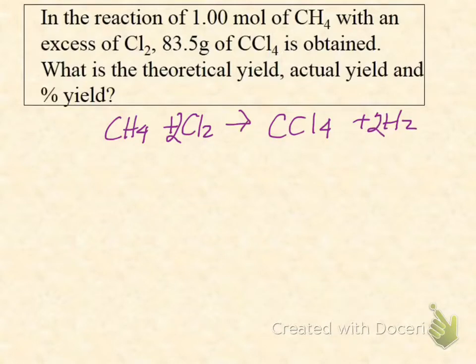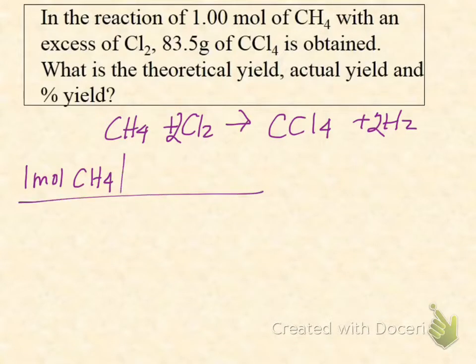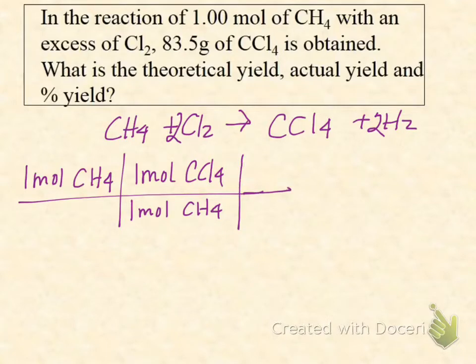Okay? So we start with our 1 mole of CH4, and for CCl4 it's a 1-to-1 relationship, so it's 1 mole of CH4, 1 mole of carbon tetrachloride, and then we multiply by the molar mass of that. I like it when we start with moles.